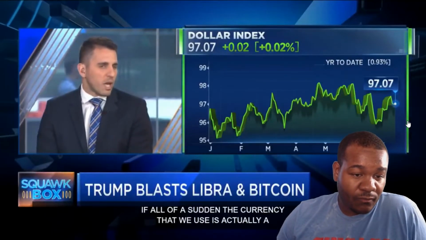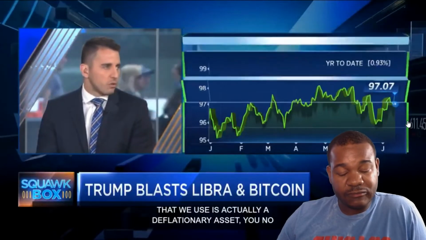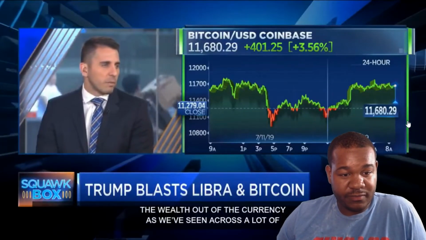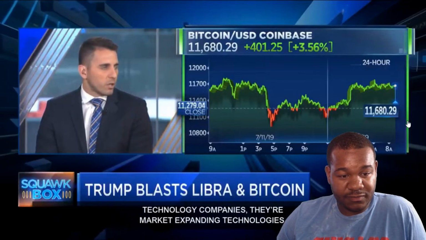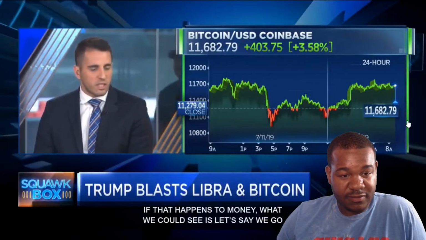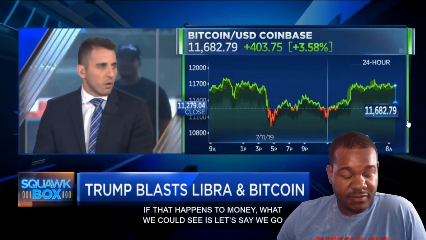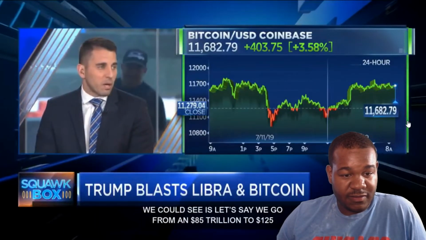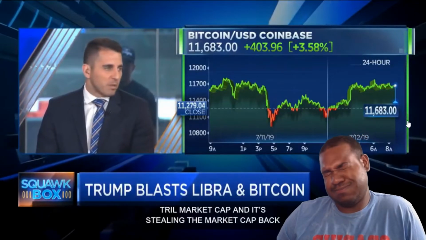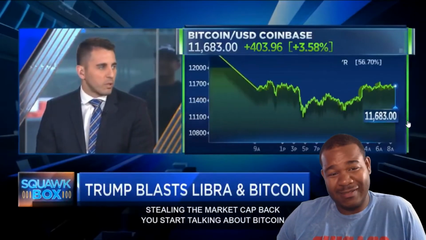And so, as we've seen across a lot of technology companies, Uber, Airbnb, et cetera, they're market expanding technologies, right? It's actually opened up the market cap. And if that happens to money, what we could see is, let's say that we go from an $85 trillion market cap to $125, $150 trillion market cap, and it's stealing that market cap back from real estate, art, et cetera. You start talking about Bitcoin being in the $8, $9, $10 million a coin. That's not going to happen tomorrow, right? That's going to happen over a really, really long period of time.